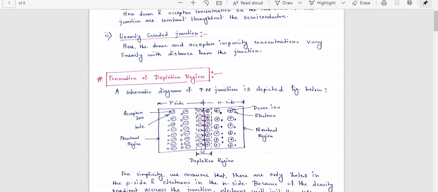So automatically a built-in potential or electric field will be generated close to the junction. And this electric field is not generated by some external force.